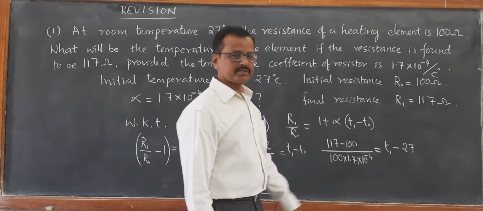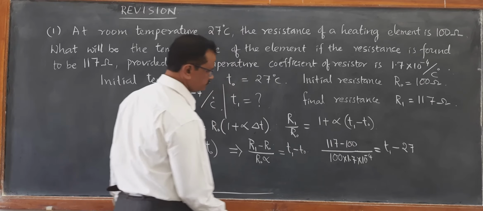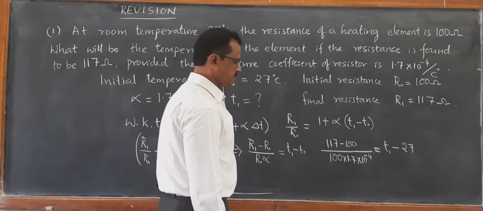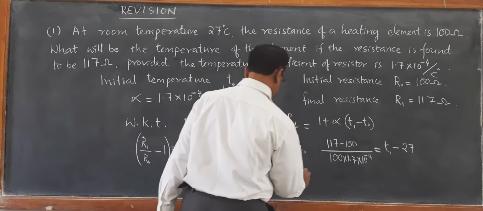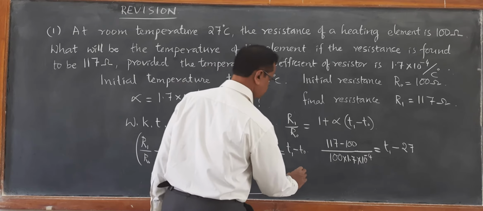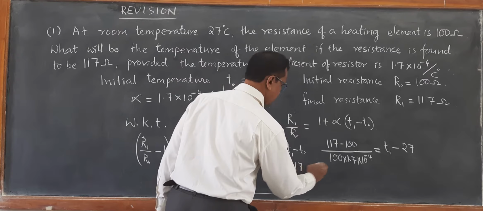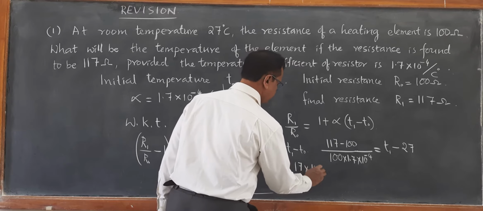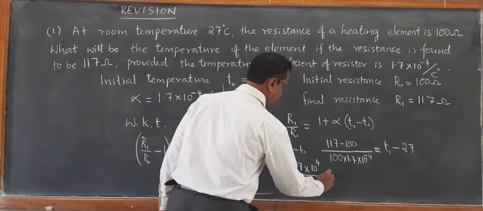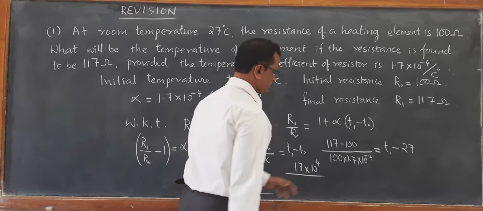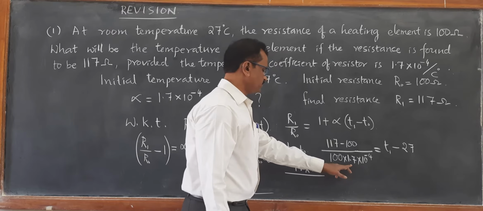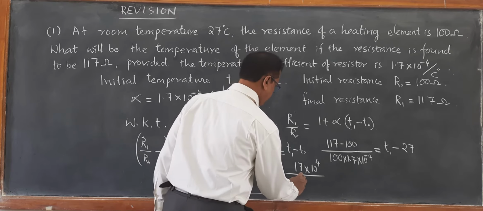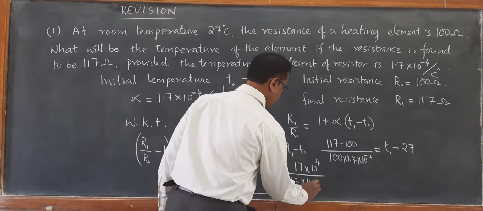Now numerator becomes 17. 17 divided by 1.7 is there. So I will write it as, therefore, 17, and take this 10 to the power minus 4 to the numerator. It becomes 10 raised to 4 divided by 1.7. If you cancel 10 with this decimal, it becomes 17 into 10.